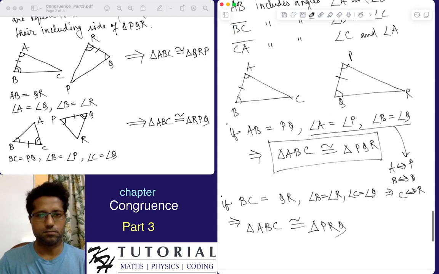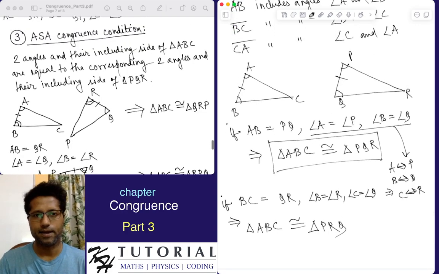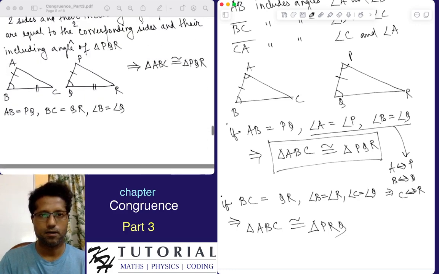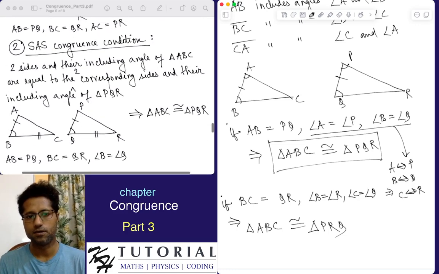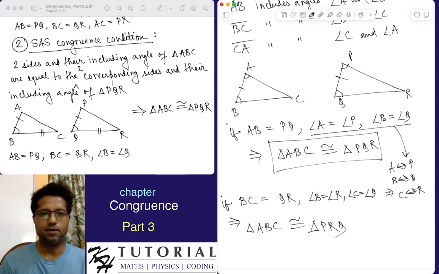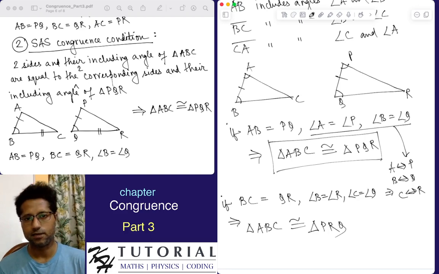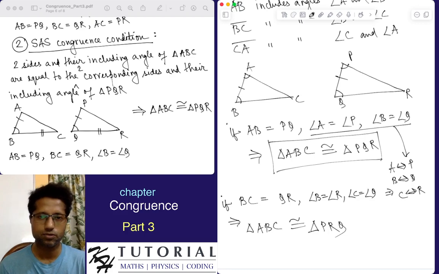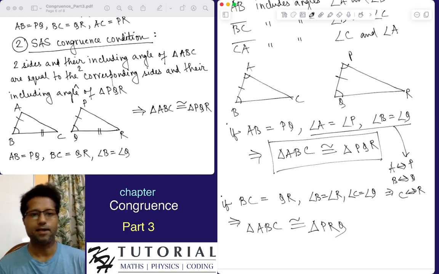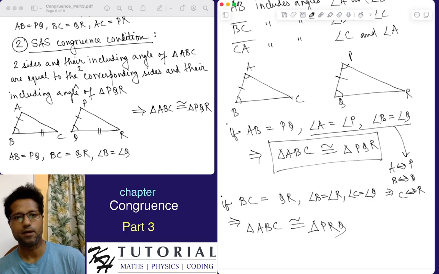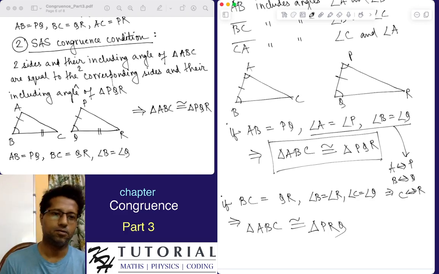Now I hope it is clear that the SAS congruence condition says two sides and their included angle of triangle ABC. The two sides can be any two sides of the triangle ABC, and the angle has to be the angle included between those two sides.